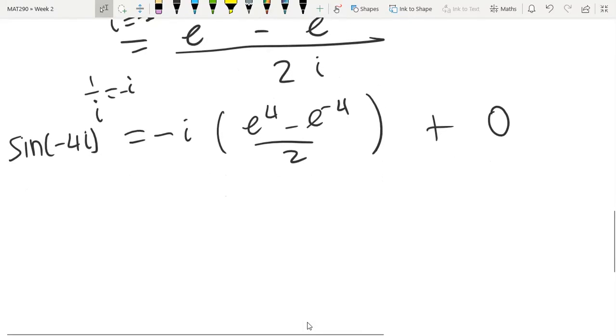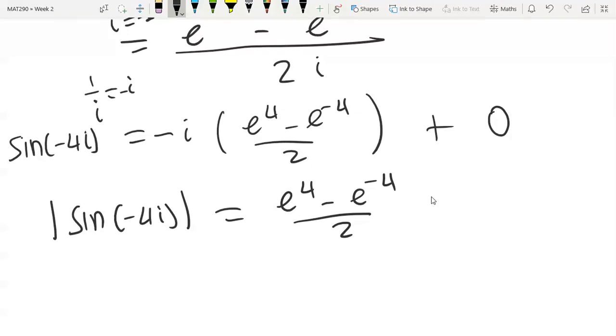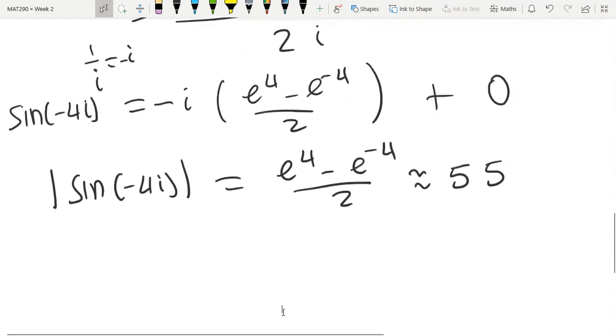But here's something interesting. If you compute the modulus of sine of minus 4i, it's just e to the 4 minus e to the minus 4, over 2. And I did the computation, and this is about 55. So why is that important?